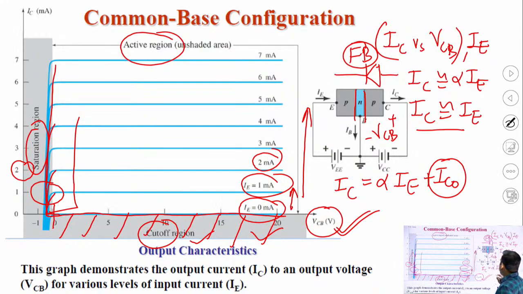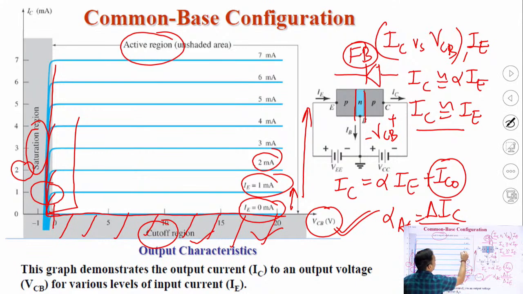How can we calculate alpha AC? Change in collector current by change in emitter current. We can see from these characteristics the change in emitter current, 5 minus 4, and correspondingly the change in IC. So this ratio will be nearly equal to 1.